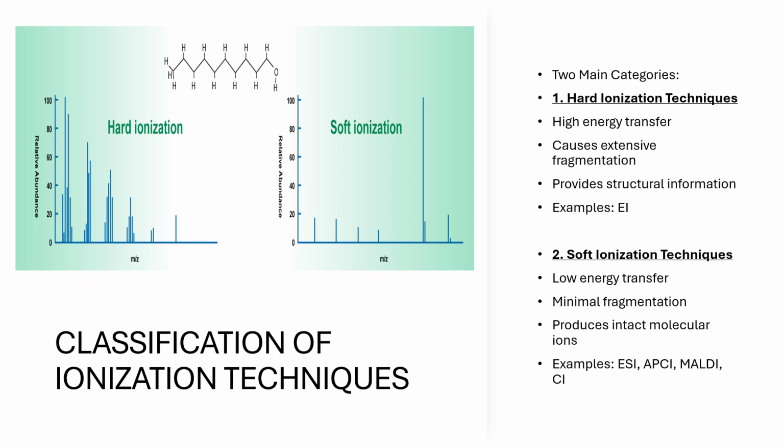And the examples of soft ionization techniques are ESI, APCI, MALDI. These all are soft ionization methods. So depending on what information you need, you'll pick one over the other.